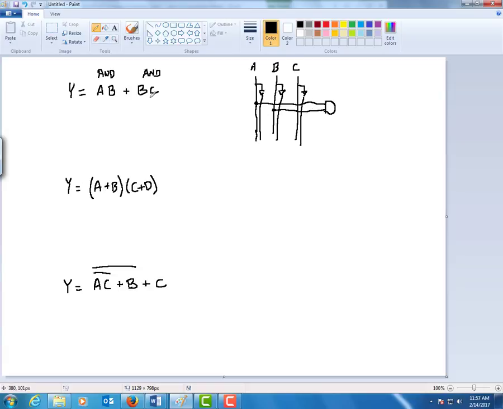So BC is also an AND gate. The way to do this is draw your gate first, and then look at the inputs. Well, there's 2 inputs, right? B and C. So here we come back over to B. This one will come back to C.